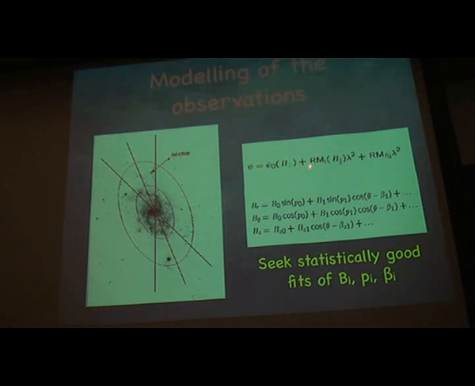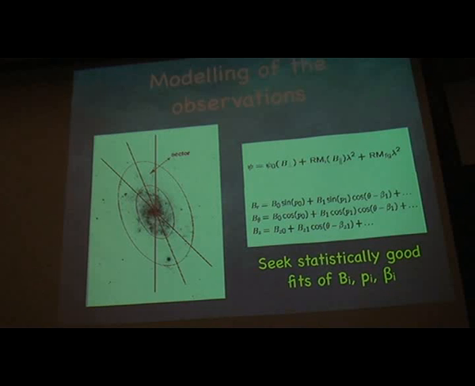The angle that it's emitted at is rotated due to Faraday rotation on its way to us, and that rotation depends on another component of the magnetic field, the field along our line of sight, and some foreground rotation due to the Milky Way galaxy. So we have basically two geometrical components of the magnetic field, something in the plane of the sky and something along the line of sight, that affect what we observe.